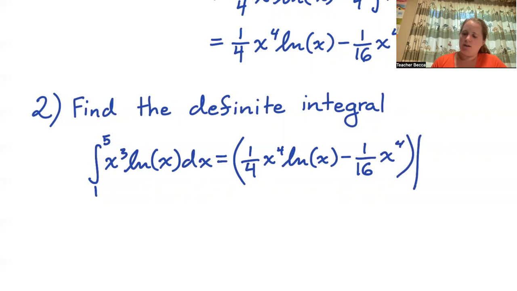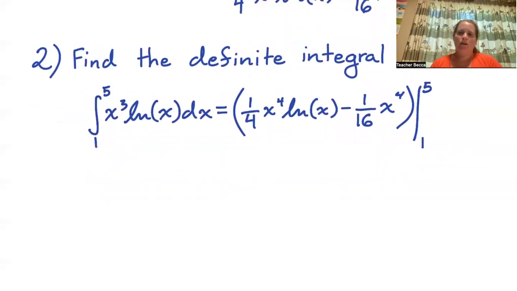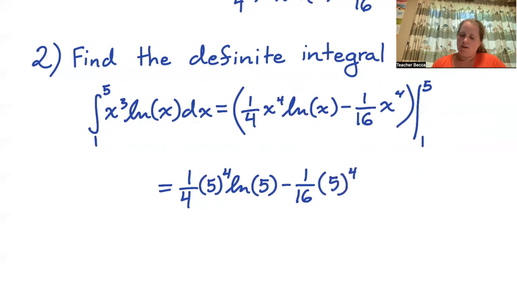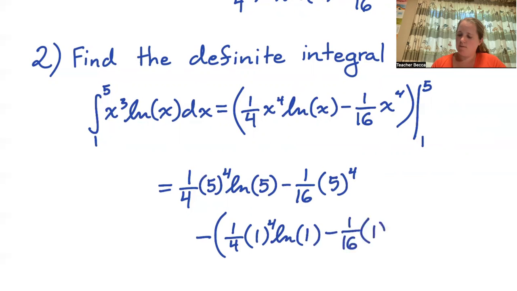And we will evaluate that at 1 and 5. Plugging in 5, we get 1/4 times 5 to the 4th times the natural log of 5 minus 1/16 times 5 to the 4th. Then we subtract off 1/4 times 1 to the 4th times the natural log of 1 minus 1/16 times 1 to the 4th.